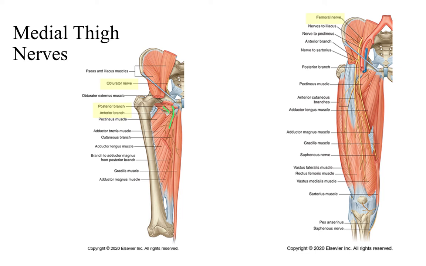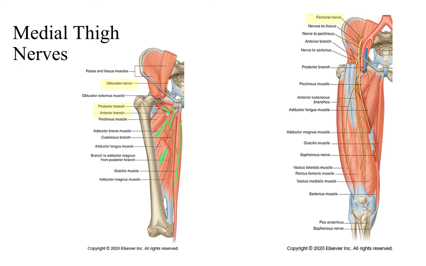And remember that the anterior branch innervates the gracilis, the adductor longus, which has been cut here, and the adductor brevis, whereas the posterior branch, remember the adductor magnus is deep or posterior to these muscles that we just mentioned. So it makes sense that the posterior branch of the obturator nerve would go to the adductor magnus, the adductor part of it.